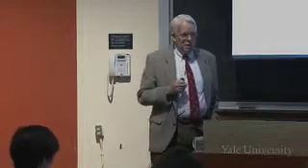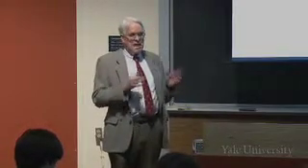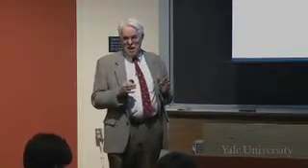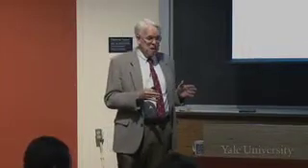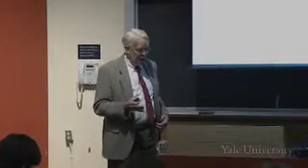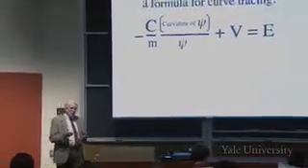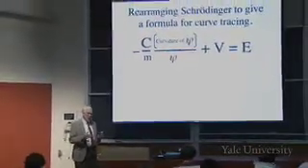Okay, so we can rearrange the Schrödinger equation. Remember, this is the Schrödinger equation, H psi equals E psi. Divide through by psi and split the H psi over psi part into the potential energy part, V, which is a nothing, it's given to you, and the kinetic energy part, which is a negative constant that involves the inverse mass, times the curvature of psi over psi.